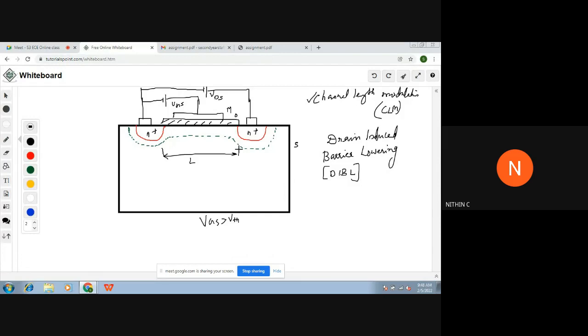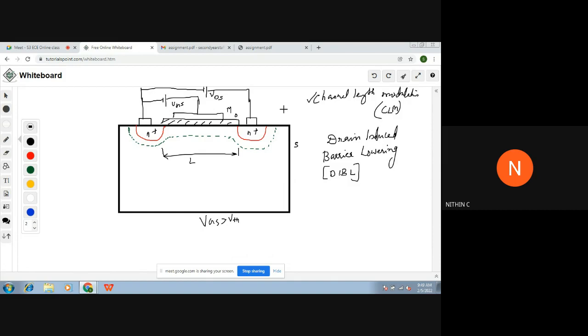See, if you are increasing VDS, what is the effect of that? If you are increasing VDS, what is actually the effect of that? We always say that when VDS is increased, what is the effect in the channel? What is the effect of increasing VDS in this case? What happens here when we increase VDS? Can anyone tell?